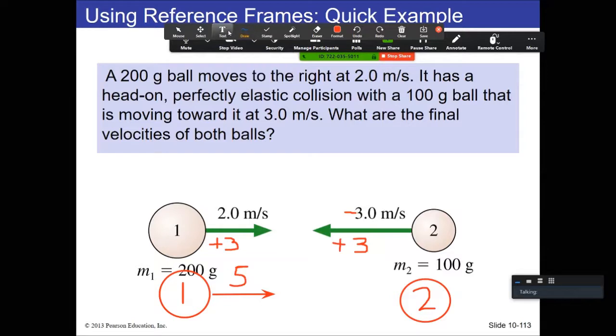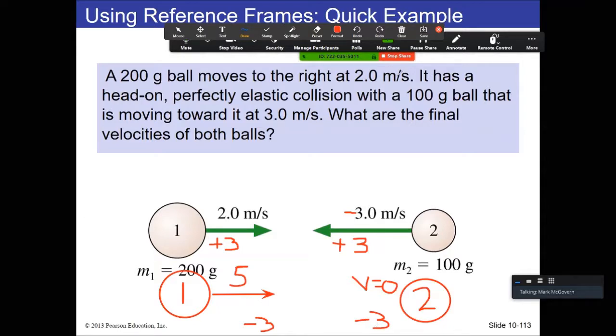So guess what you're going to have to do? You had to add 3 to get into this new reference frame. Well, you're going to have to then subtract 3 to get back to the ground frame. So at the end of all this, you solve this thing here, and at the very end, whatever speeds you get, you will subtract 3 from both, and then there you go, you'll get back.